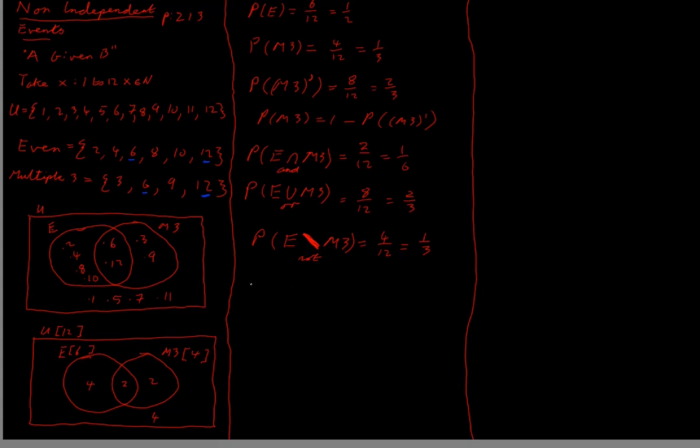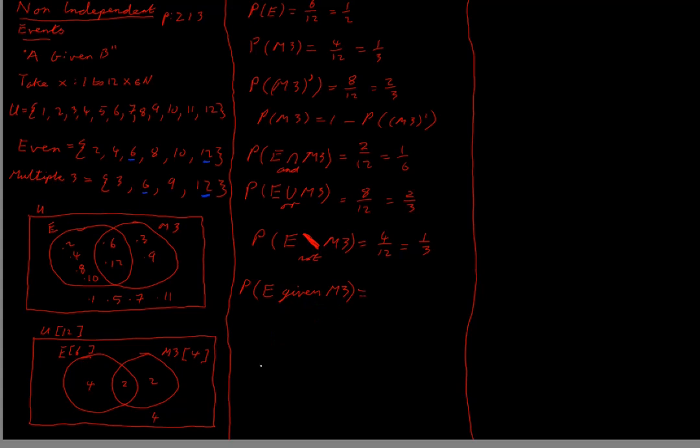One that we haven't come across before, and what we're going to do now, I'm going to write it in English first. What's the probability of even given that we already have a multiple of 3? Now let's look at what this would be like in an English sentence.